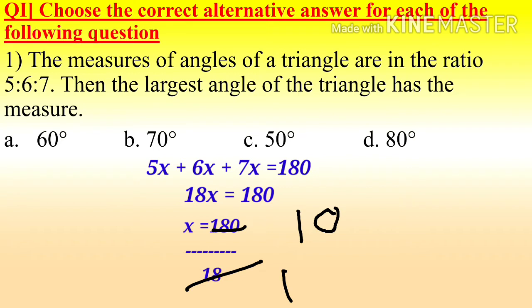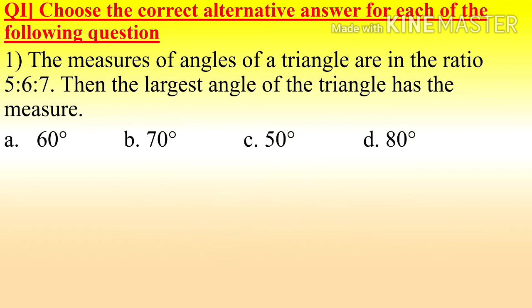Here we get the value of x, how much? 10 degree. Our largest angle in the ratio is 7x. 7 multiplied by x. The x value we have is 10. 7 multiplied by 10, how much student? 70. Very good. So our correct option is B, 70.